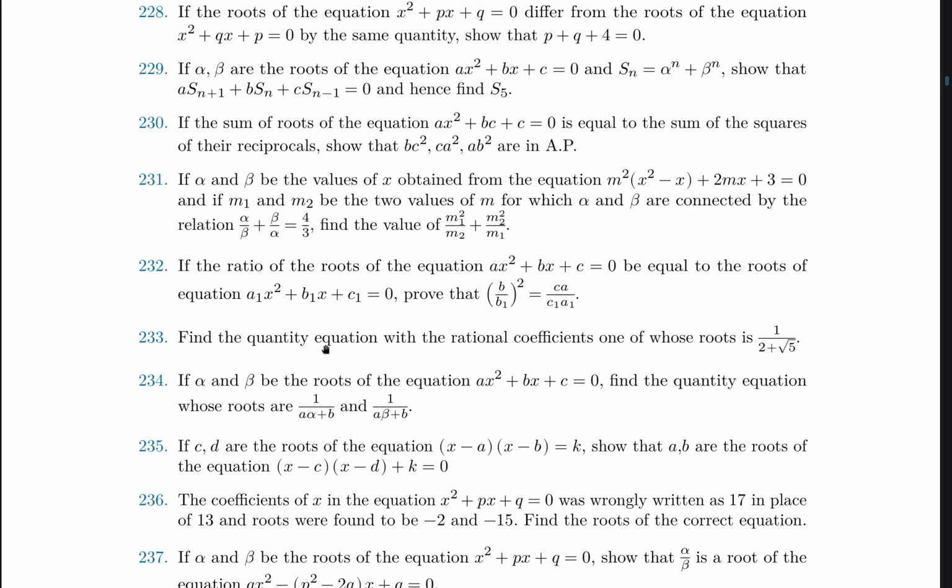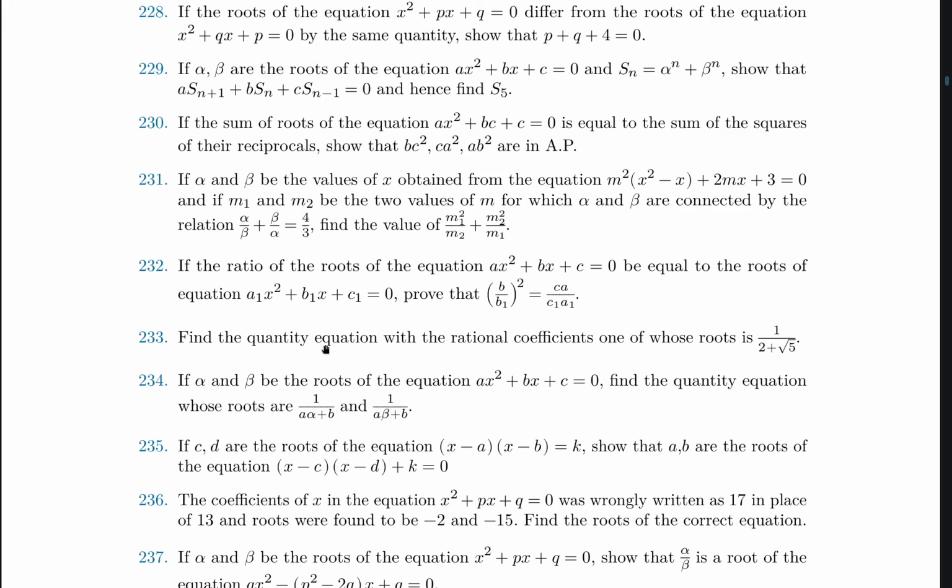Now we let alpha is 1 by 2 plus root 5, so that its value after rationalization is minus 2 plus root 5. So the second root would be minus 2 minus root 5. Okay, minus 2 minus root 5. It's a typing mistake again here because it would be the same root.